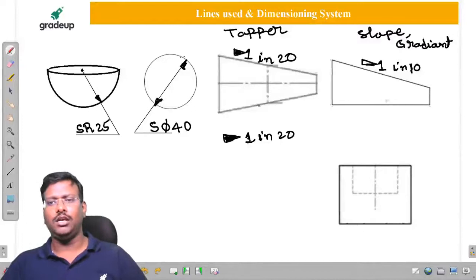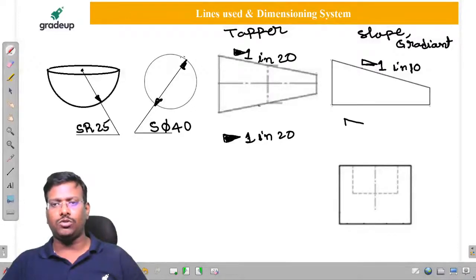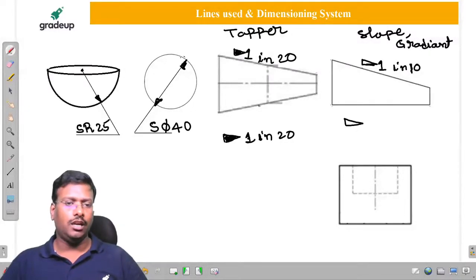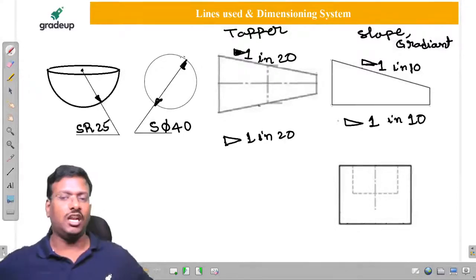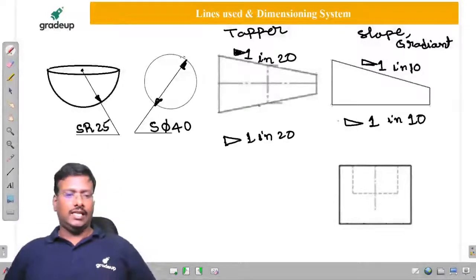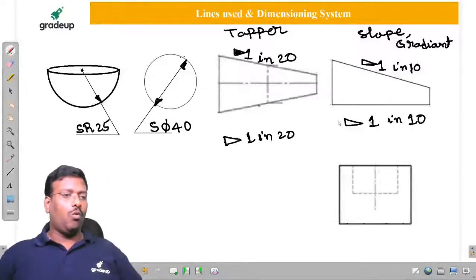Not necessary, sir. Just for your clarity, I drew it. Here also it is not going to be filled. So once if I use an isosceles triangle, then it is a taper. Once if it is a right angle triangle, it is considered as slope. If you observe, a ramp is going to be represented like this. Is it clear?